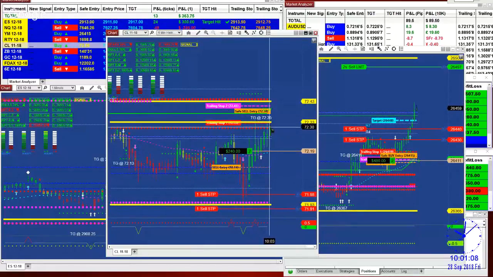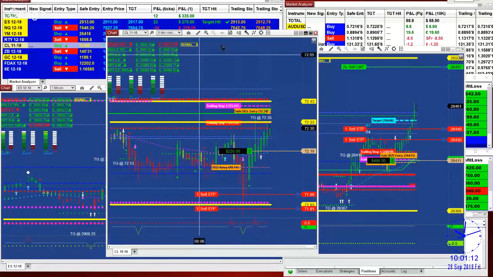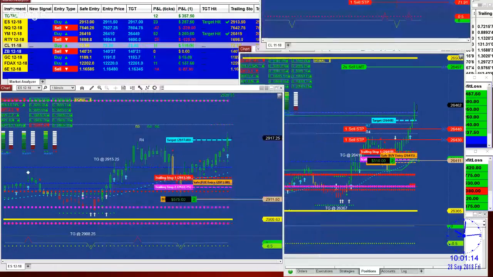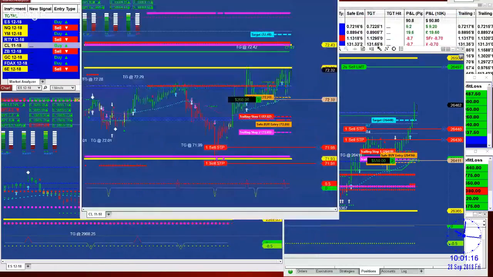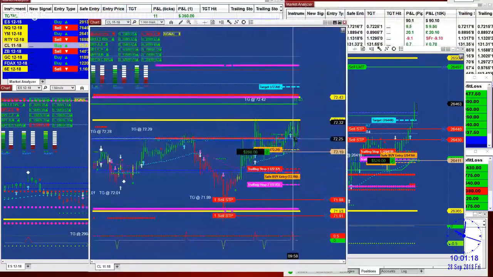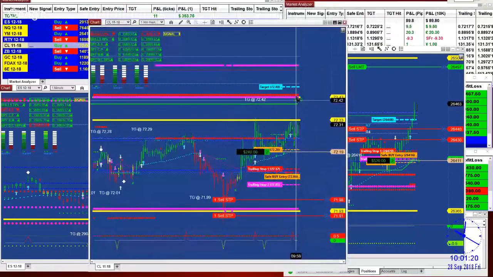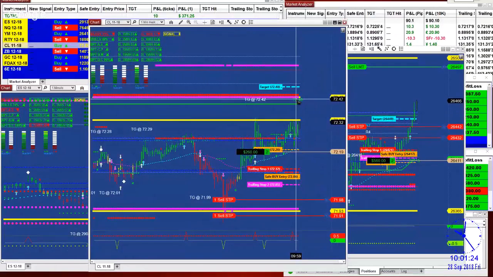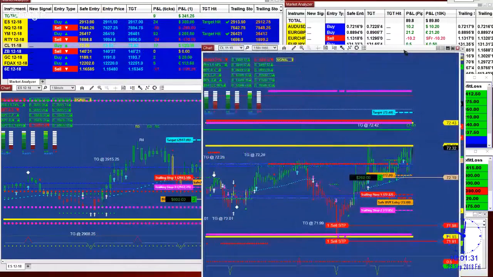But this is a struggling area on the CL right now. I keep taking the 5 minutes. I apologize, guys. This is your 1 minute. And the CL is going to be a problem if you are trading the 1 minute at 72.42. This is where your problem is gonna happen on the CL.